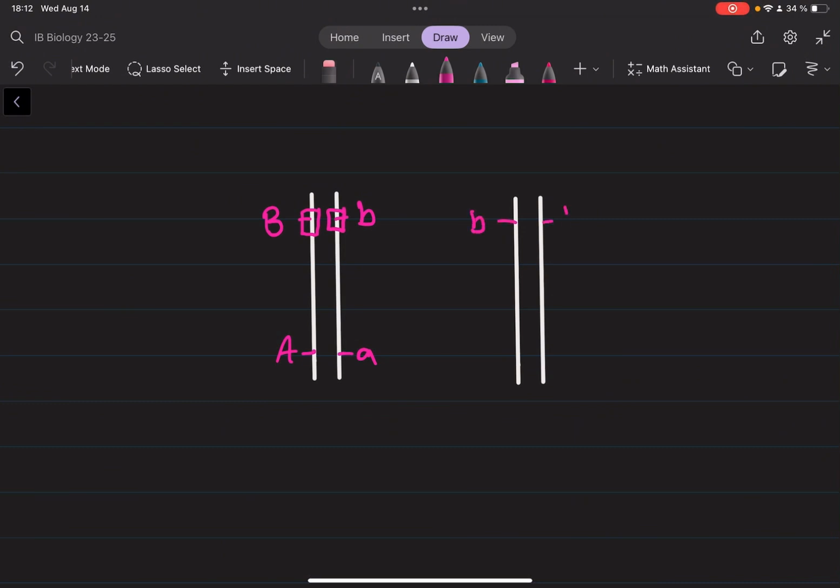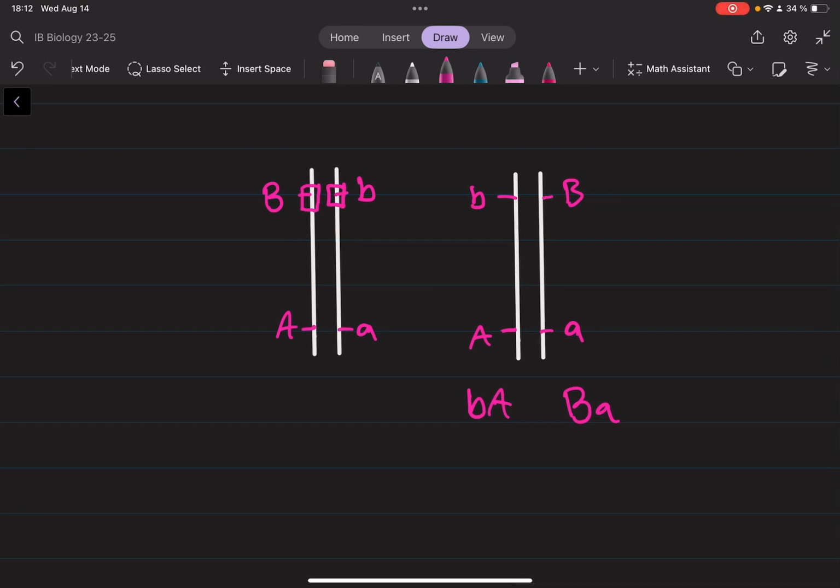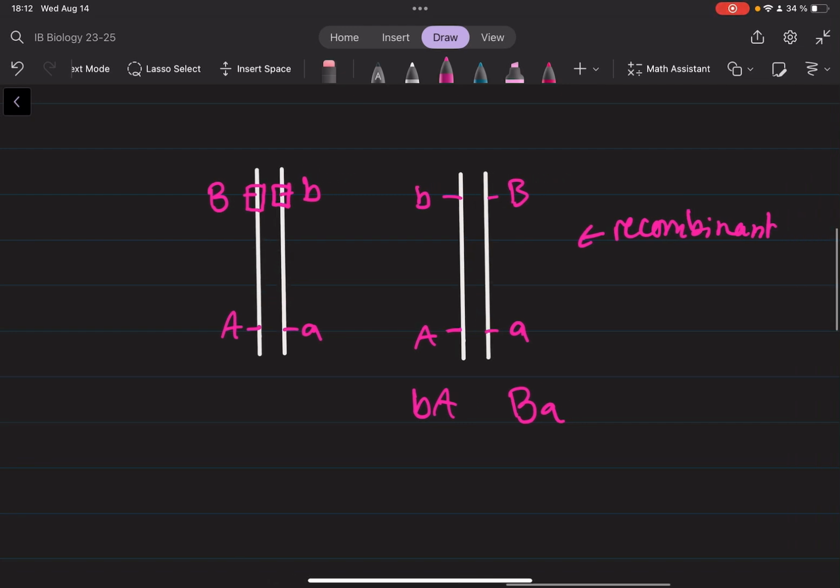Now we have a different combination of genes that this child can inherit. Whereas before it couldn't inherit blonde hair and brown eyes, it now can, and now it can also inherit brown hair and blue eyes. So now it adds two more combinations that this child can inherit, and this chromosome is called a recombinant.